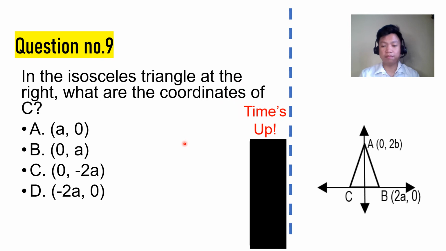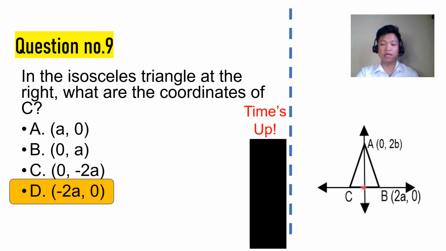Okay, time's up. The correct answer is, yes, -2A, 0. Kasi kung titingnan nyo sa ating figure, itong ating isosceles triangle, nahati siya into two equal parts nitong ating y-axis. So, mula sa origin, papunta sa B, ang distance niya is 2A. Ganoon din ang magiging distance mula sa origin papunta dito kay point C. Ngayon, dahil napunta siya sa quadrant 2, negative ang ating x-axis.